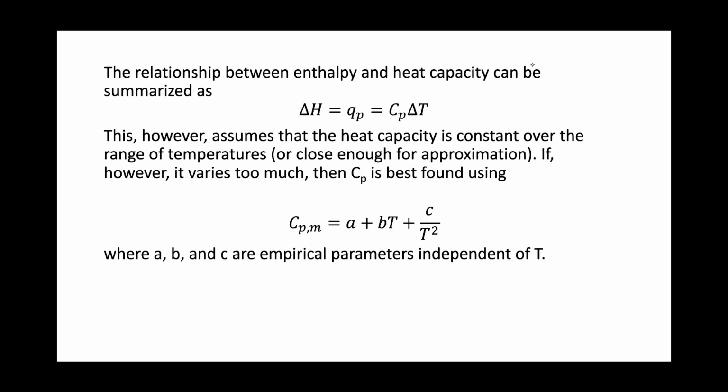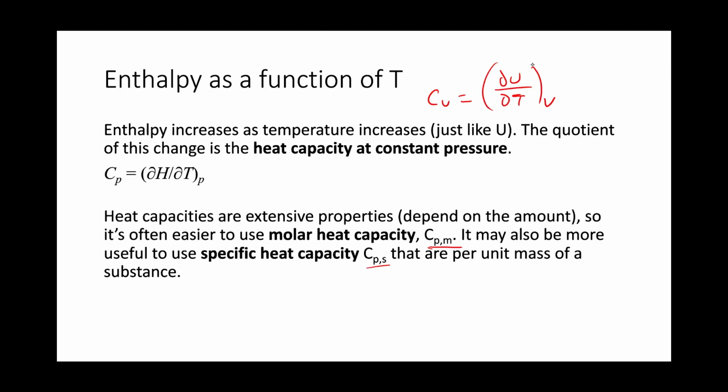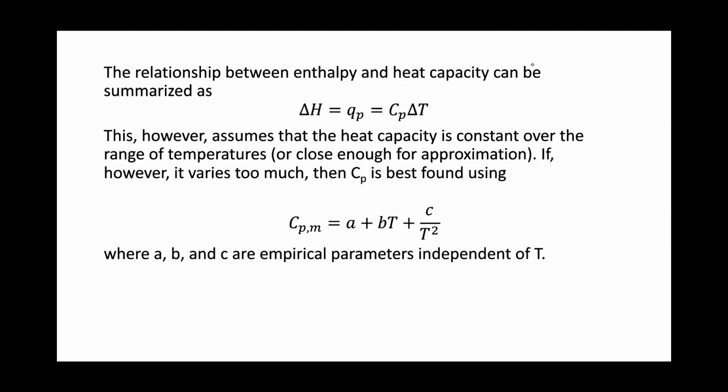We can rearrange our relationship between the enthalpy and the temperature, just like we did with the constant volume heat capacity, to get delta H equals heat capacity times delta T. And delta H at constant pressure is by definition also Q.